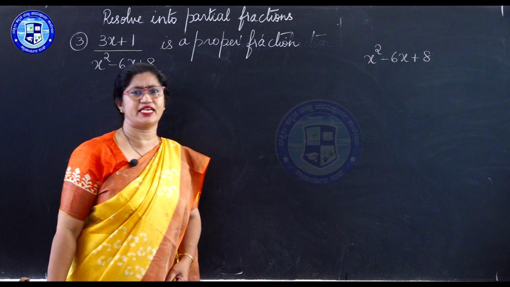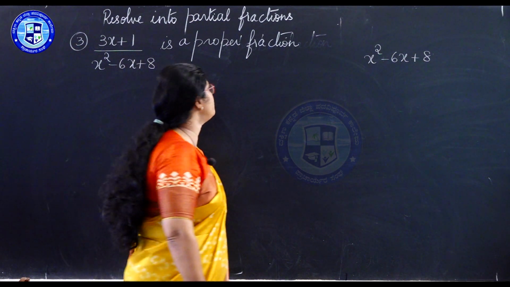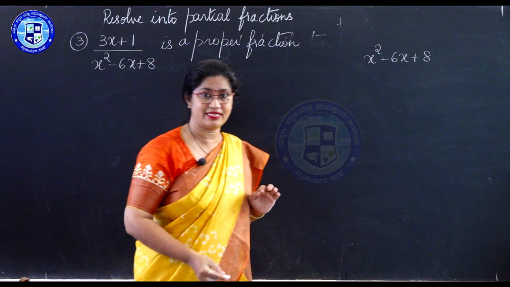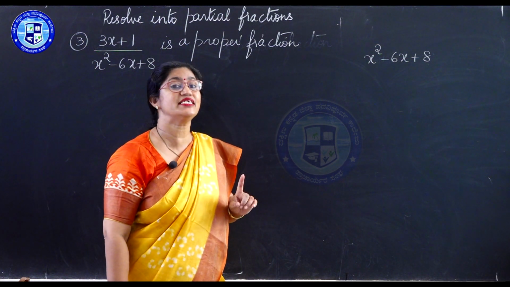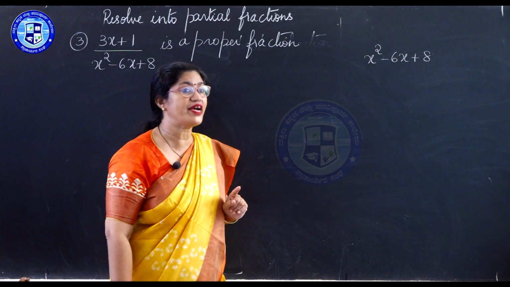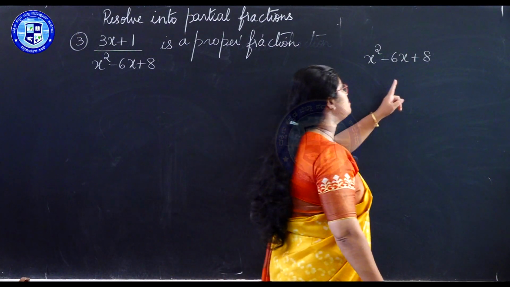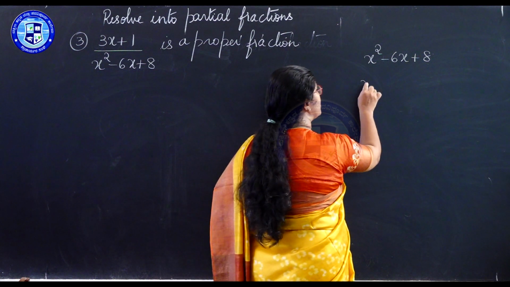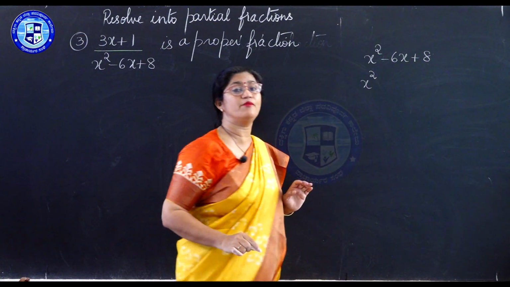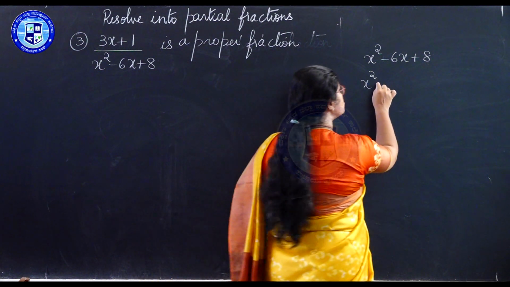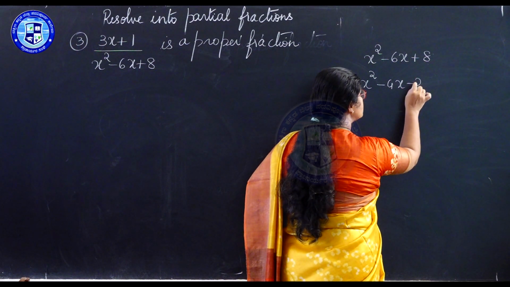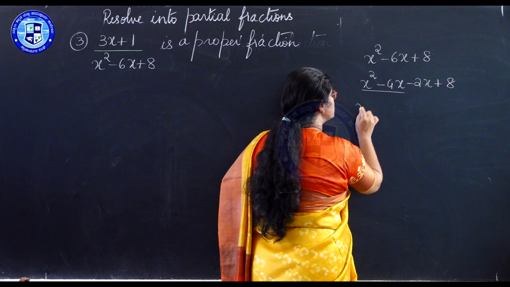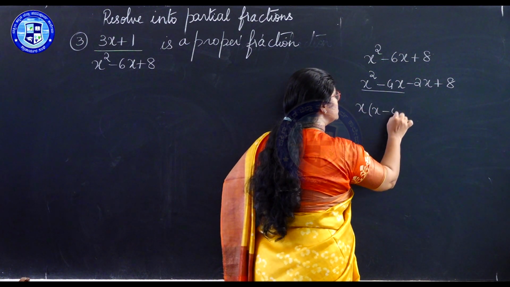How do we factorize this one? If I have to factorize this one, product should be 8 and the sum should be minus 6. So search for factors such that product should be 8 and the sum should be minus 6. So you know the factors are minus 4 and minus 2. So x square minus 4x minus 2x plus 8. Now in these two, x is common, x minus 4.